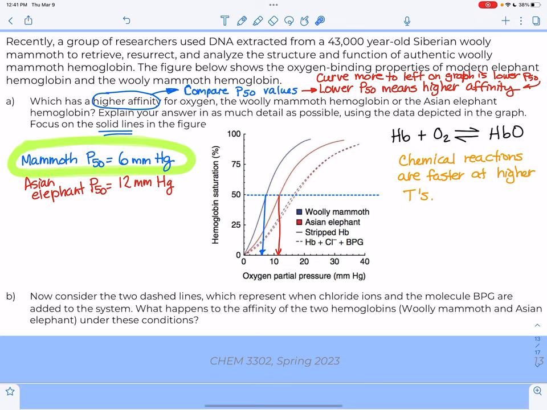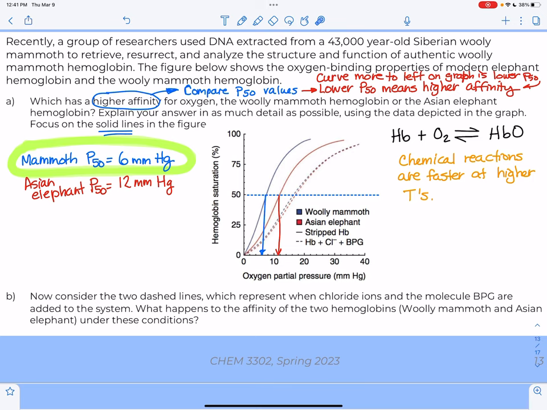If the woolly mammoth didn't have a higher affinity for oxygen, at those cooler temperatures it would be less efficient at binding oxygen. So having a higher affinity for oxygen is beneficial when you're living at colder temperatures. So that's great.